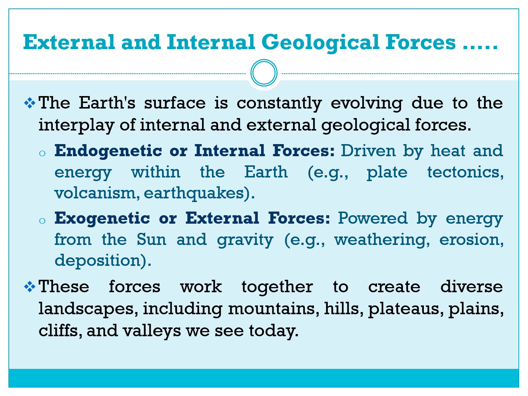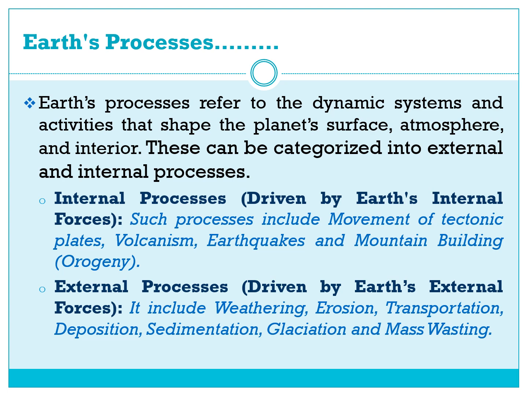Earth's processes. Earth's processes refer to the dynamic systems and activities that shape the planet's surface, atmosphere, and interior. These can be categorized into external and internal processes. Internal processes are driven by Earth's internal forces.